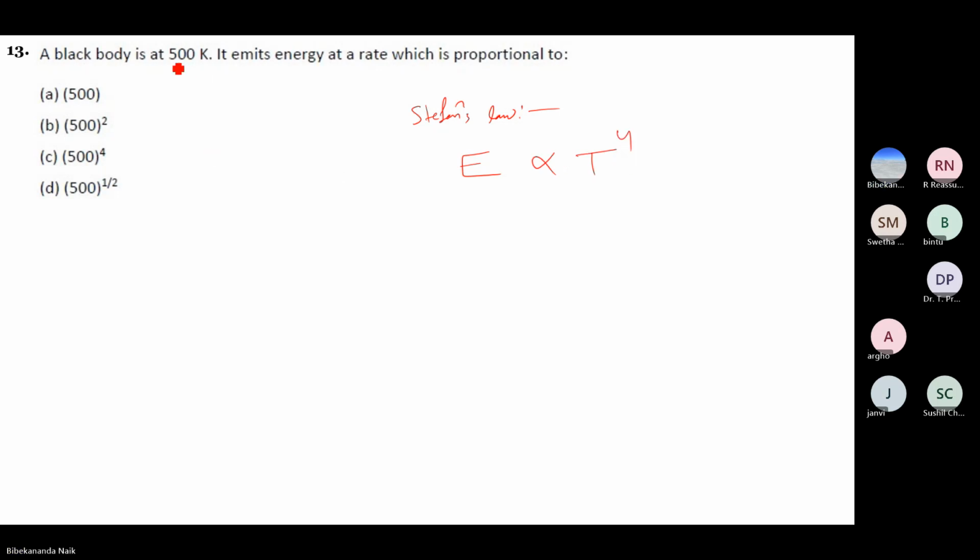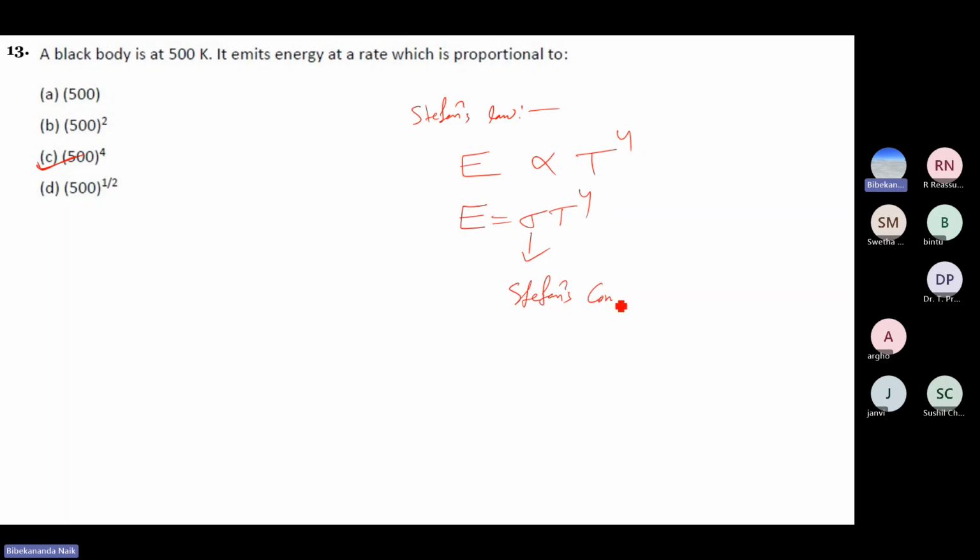Since the temperature is given as 500 Kelvin, the correct option will be C, which is 500 to the power 4. Is this clear to all of you? Yes, sir. So if you introduce the proportionality constant, similarly to the previous case, it will be sigma T to the power 4, where this sigma is known as Stefan's constant.